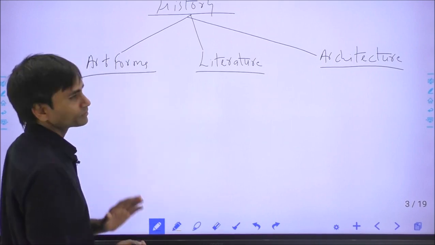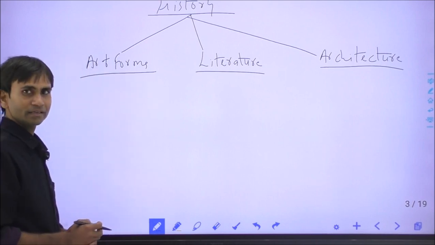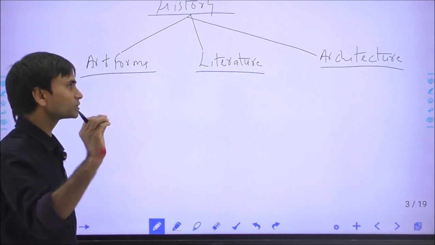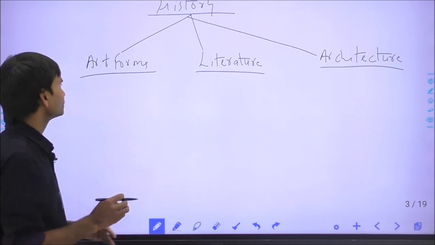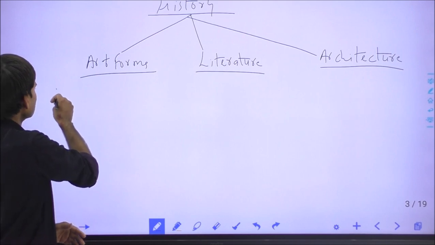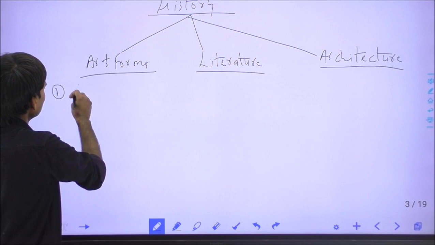First, the art forms. Art forms mainly is a big topic, but here I will discuss only 3 or the 4 points from where the UPSC have asked generally questions. The art form first includes the sculptures or the statue art.